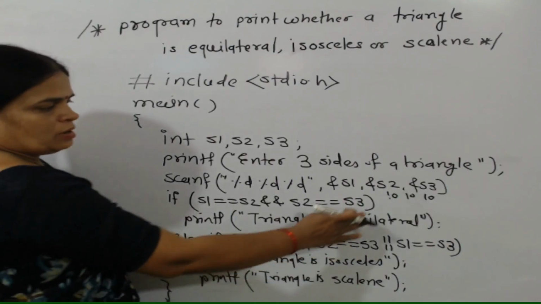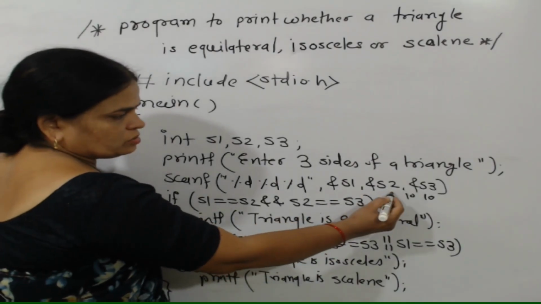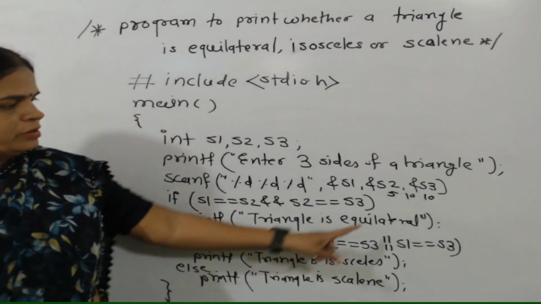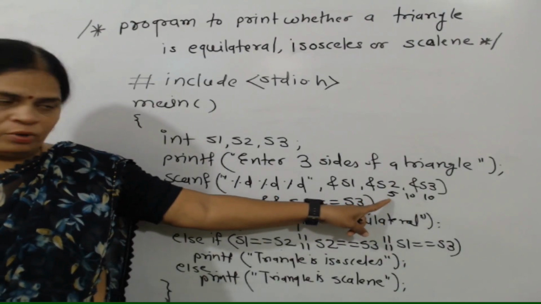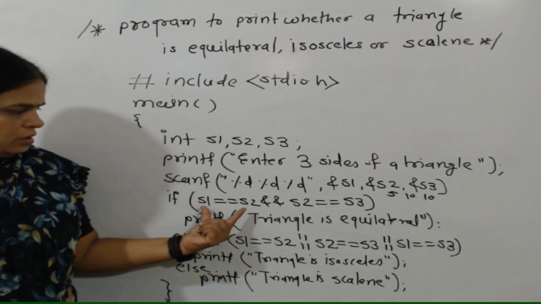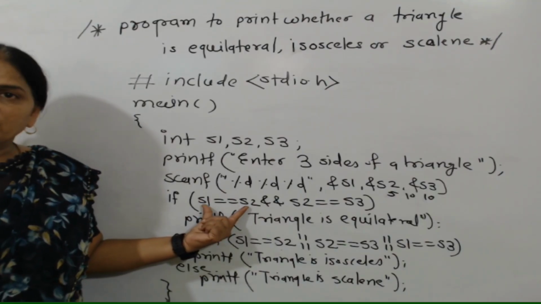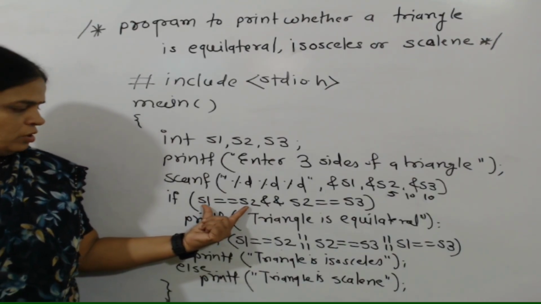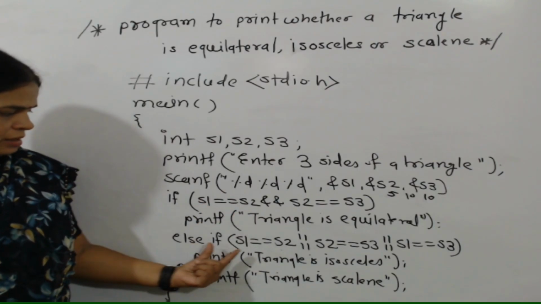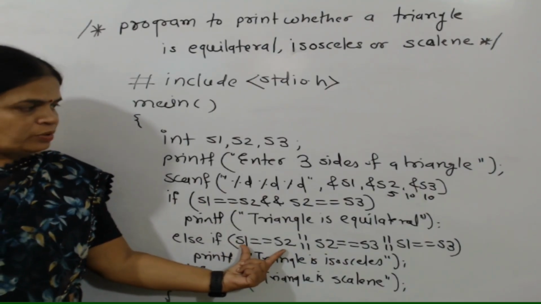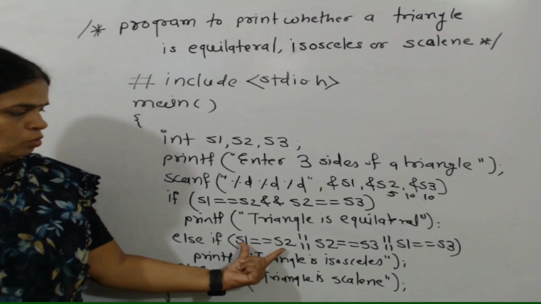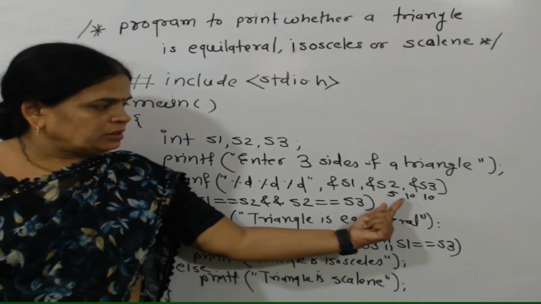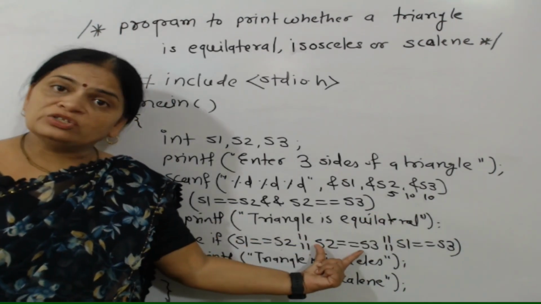So suppose I input the values like this. Suppose I gave the value of S1 as 5, S2 as 10, S3 as 10. So now see how the program will work. 5 equals 10, the first condition is false, so control will be transferred after else. Now this will be tested. S1 equals S2, that is 5 equal to 10? No. So S2 equal to S3, 10 equal to 10, yes, this condition is true.